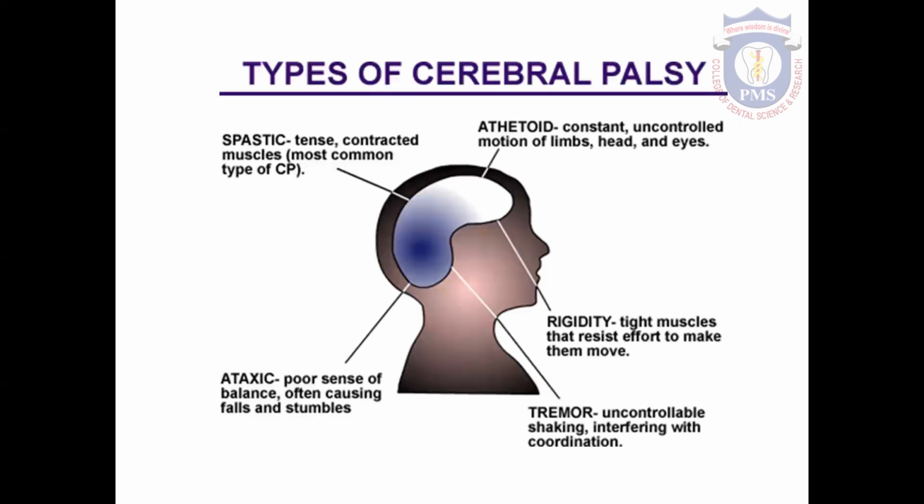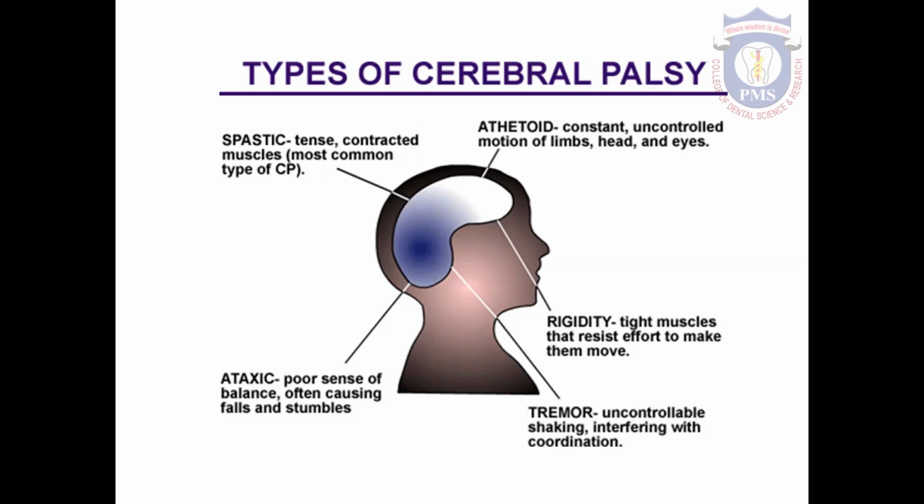So, according to the areas involved, where the cerebral cortex is involved, you can see the spastic type of cerebral palsy, that is, tense contracted muscles, and this is the most common type of cerebral palsy. Athetotic type, that is constant uncontrolled motion of your limbs, head and eyes.